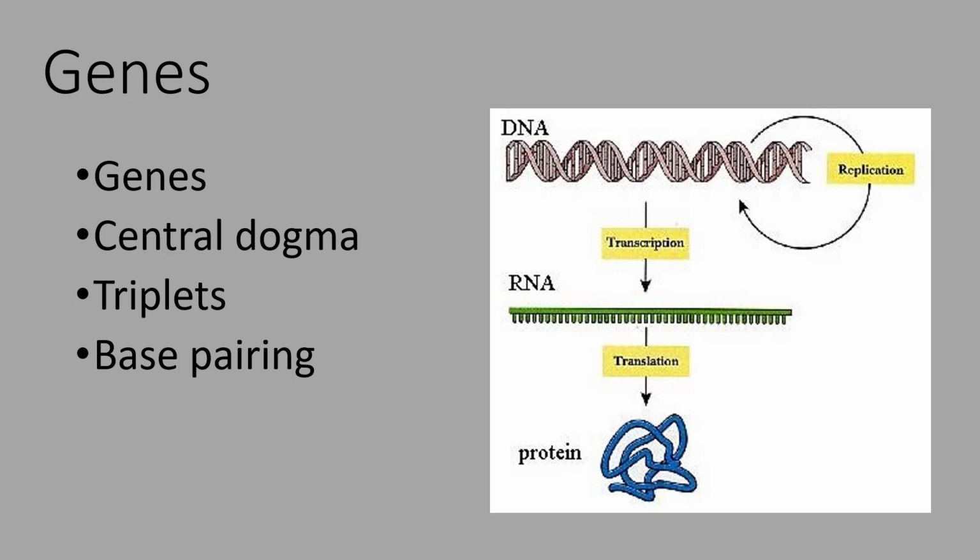And DNA functions the same in all living things. It does that following the central dogma, which says we start with DNA, which can replicate itself like we just saw previously. But we start with DNA, and from that we make RNA.